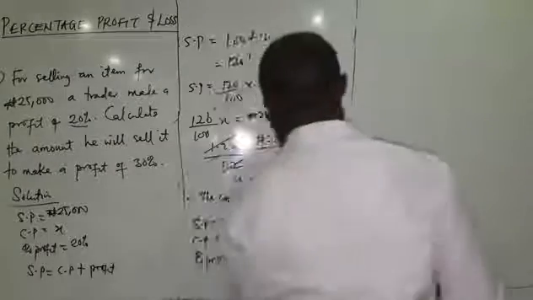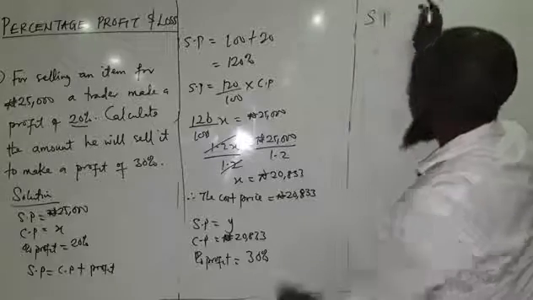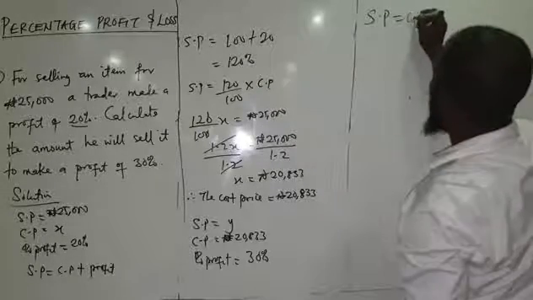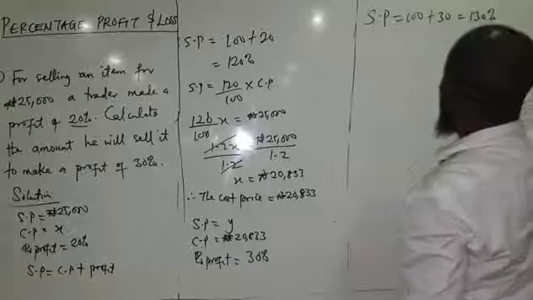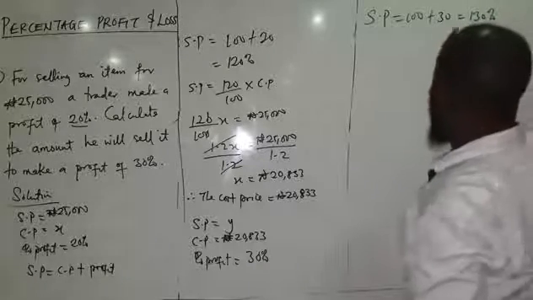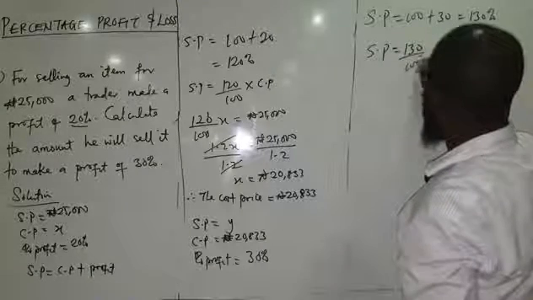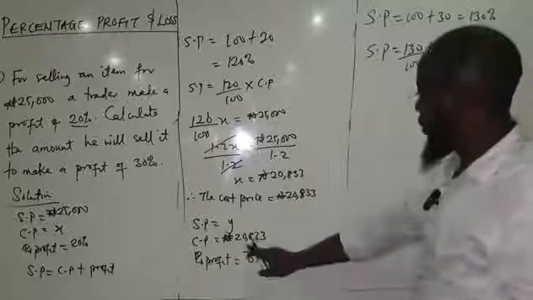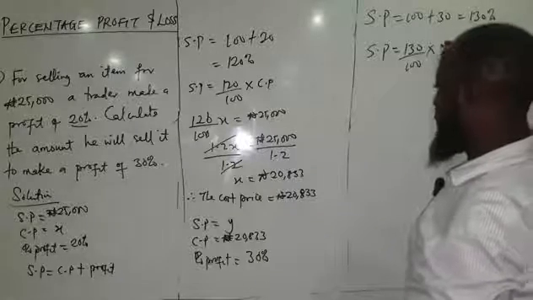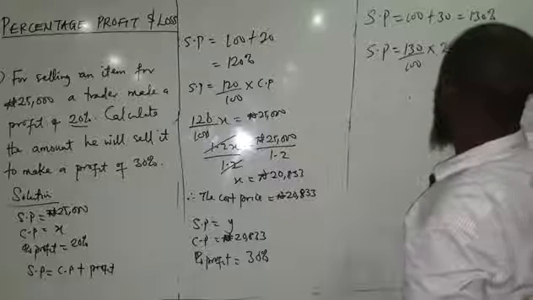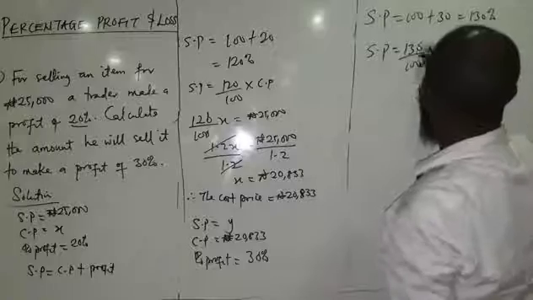So the same thing, we come back to this place. Selling price is equal to 100 plus 30, which is equal to 130%. So meaning that selling price will be 130% of the cost price, which is 20,833. So 0 cancels 0.